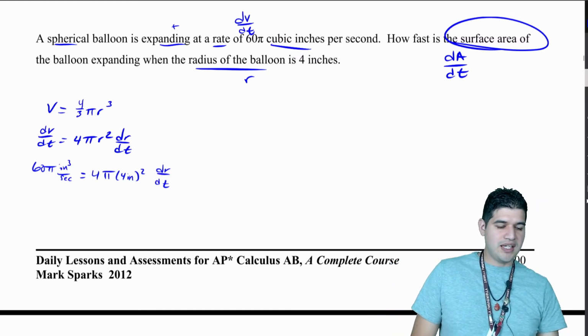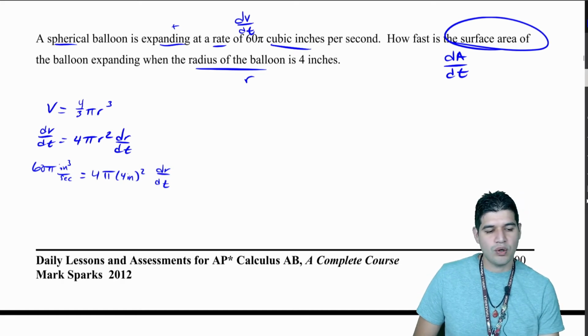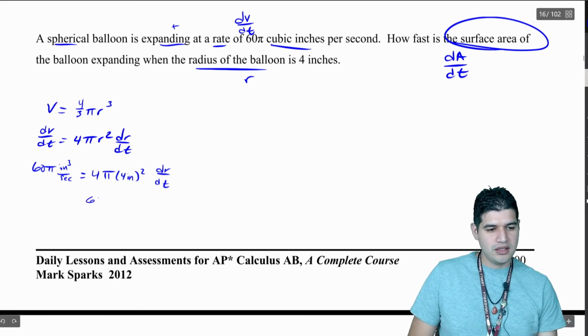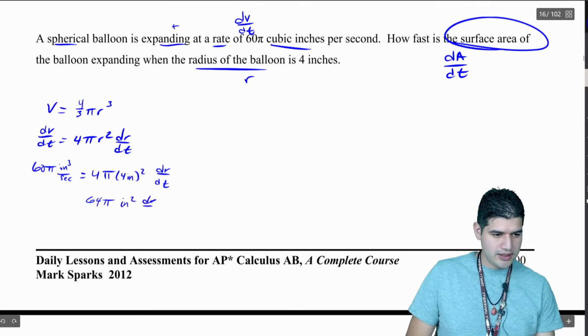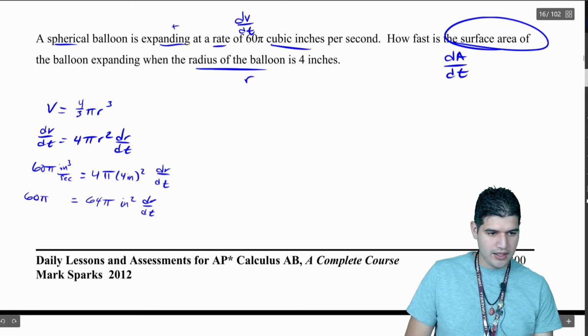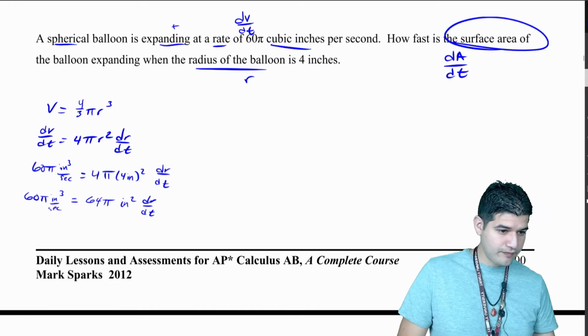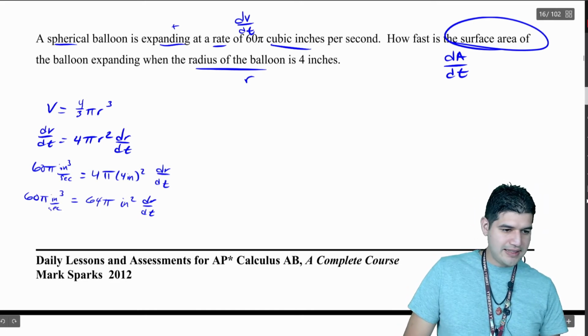So I'm going to get 4 squared, which is 16, times 4 pi, which is 64 pi square inches dr/dt equals 60 pi cubic inches per second. All right, let's solve for dr/dt. So that's going to be dividing by 64 pi square inches.